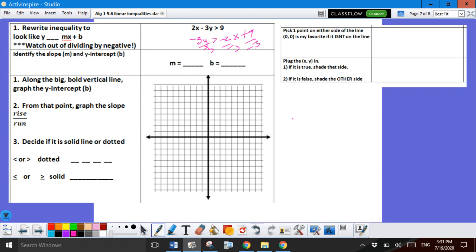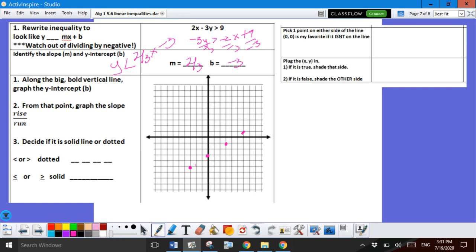So I have y is now less than 2/3 x minus 3. So 2/3 and minus 3. So minus 3, 2/3, 1, 2, 3. I go the other direction.